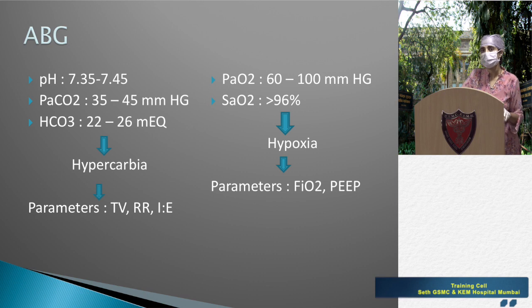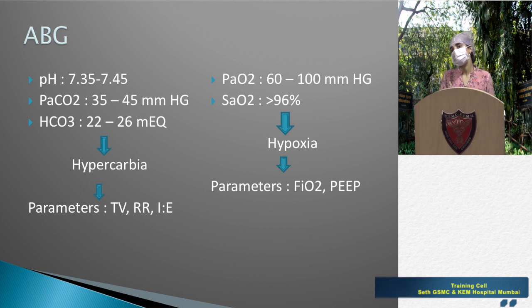If there is hypercarbia and I want to treat that, the parameter I will change on my ventilator is tidal volume. That means I have to increase the minute ventilation. So either I have to increase tidal volume or respiratory rate or both. Or what else I can do is prolong the expiration by altering the I:E ratio. So I can shorten the inspiratory time and then increase the expiratory time.